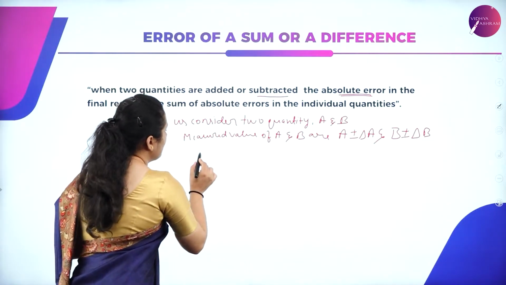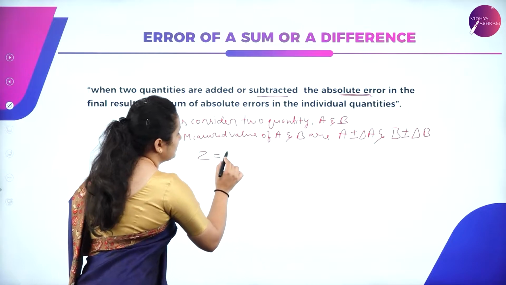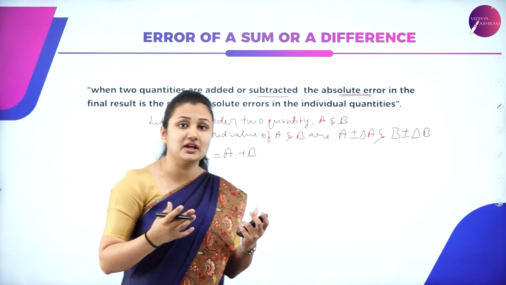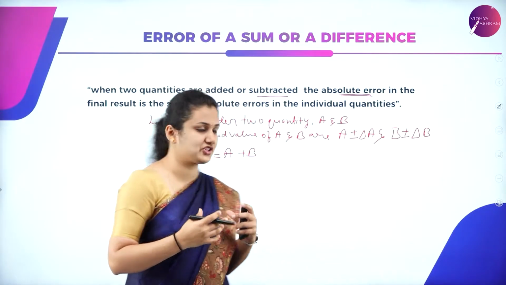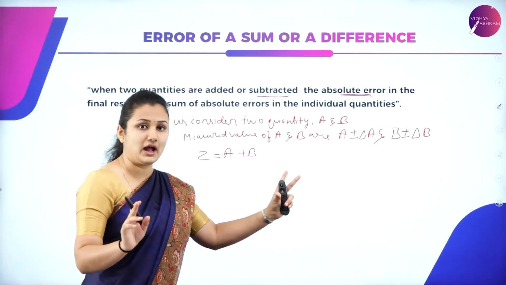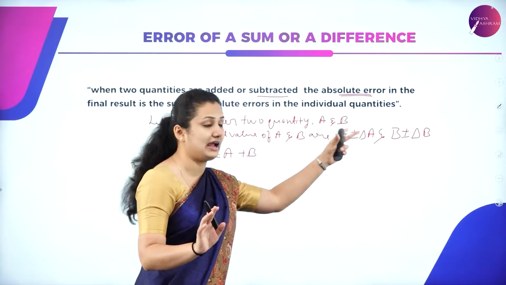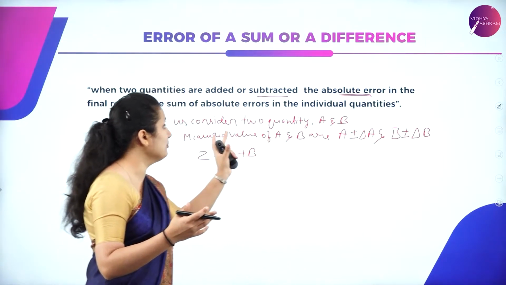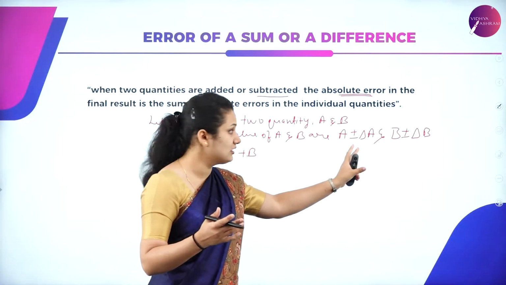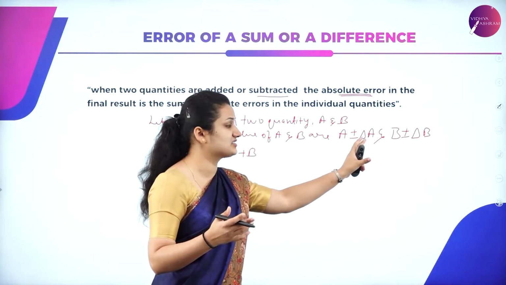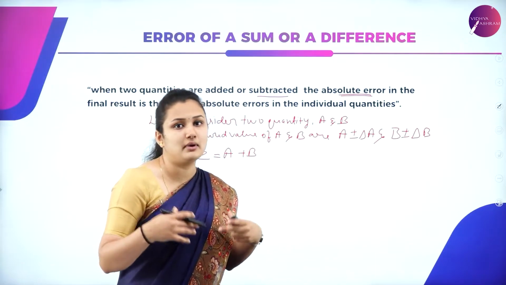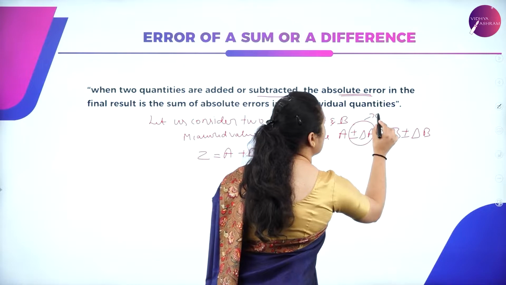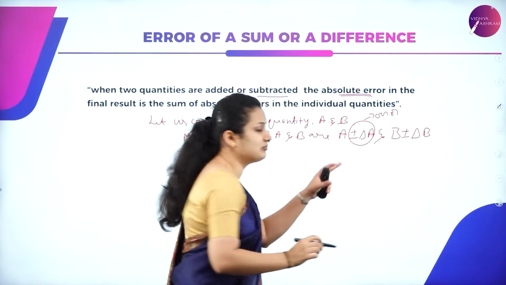So, Z is equal to A plus B. I am performing the addition operation here. I have two quantities, listen carefully, A and B. I am measuring the two quantities A and B. So the measured value will be A, that's the quantity, plus or minus delta A, which is nothing but the error in my measurement.